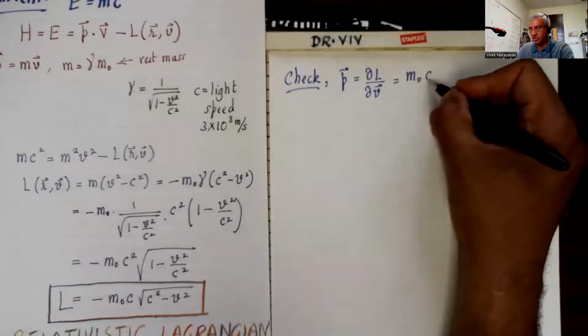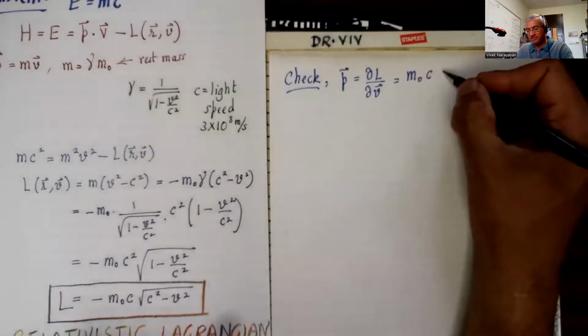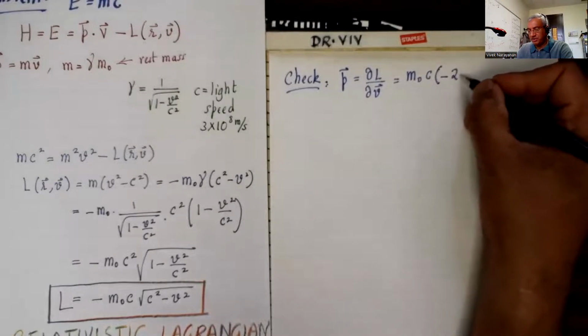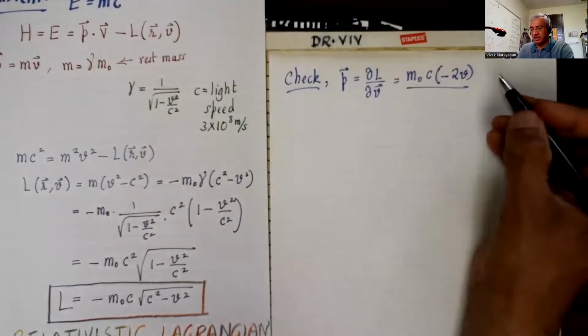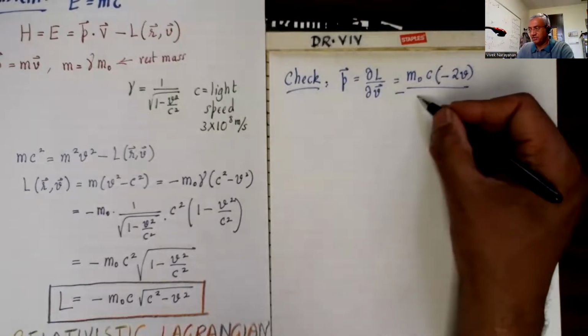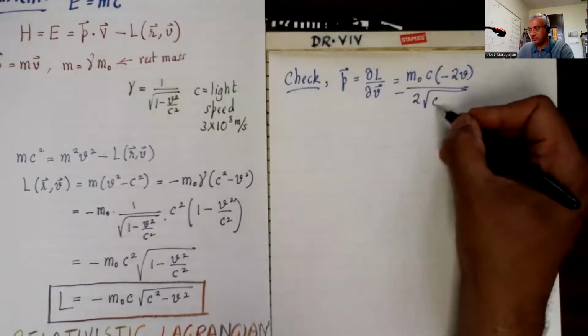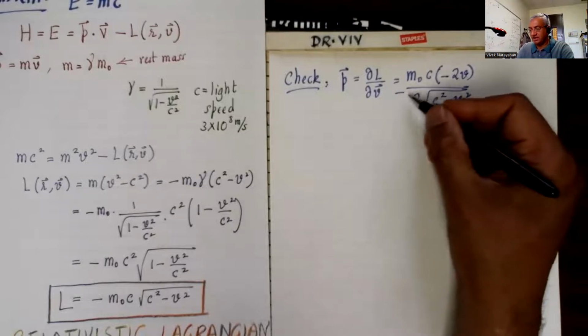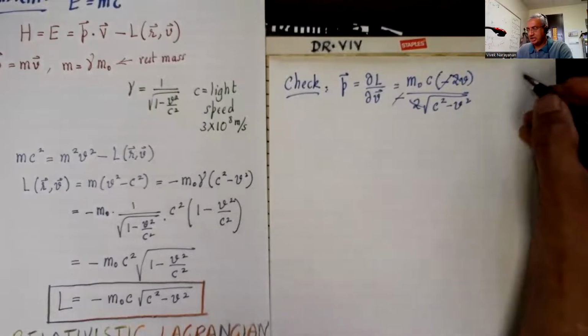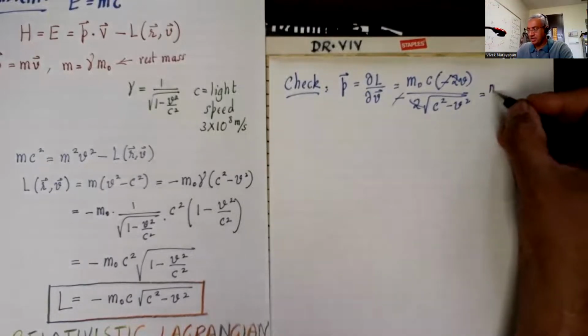So it's going to be m naught c. And then I differentiate the inside function. So that's going to be negative 2V. And then when I differentiate the square root, I get a negative sign again. So I get negative 2 square root of c squared minus V squared. So that negative sign gets taken care of. The 2 gets taken care of. And I have m naught.